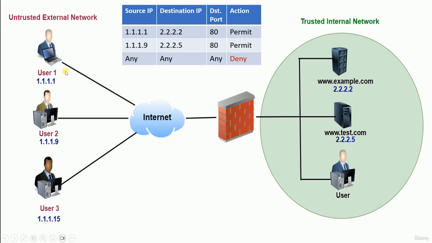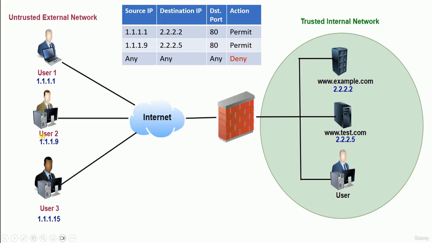This means when this user wants to connect to example.com, this traffic would be permitted or allowed to pass to this destination, and he'll get the response from the server or the application. Similarly, I have another valid rule for user 2, who has the IP 1.1.1.9, and it is for the application test.com, and again it is for the HTTP transaction, and this is also set to permit.